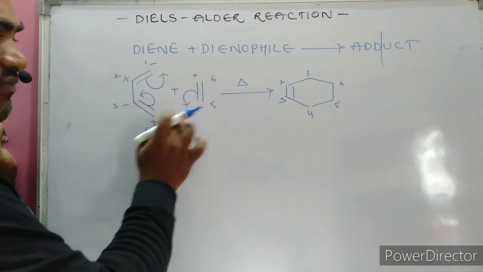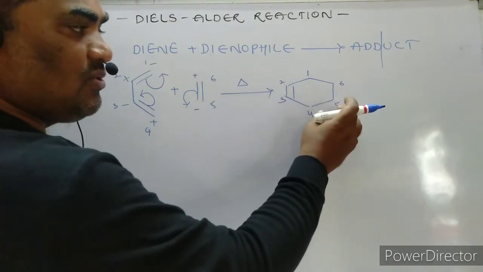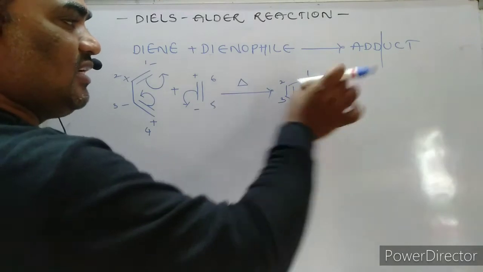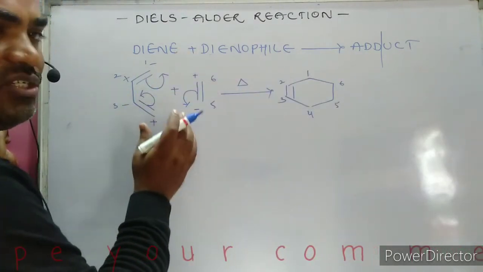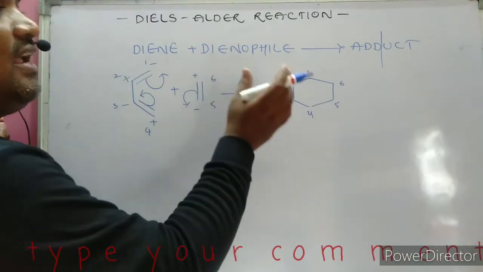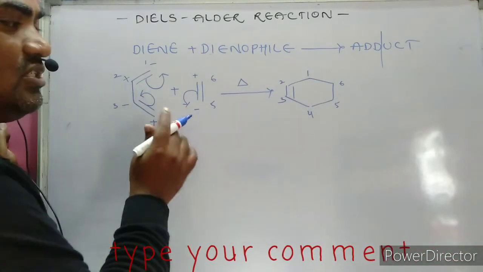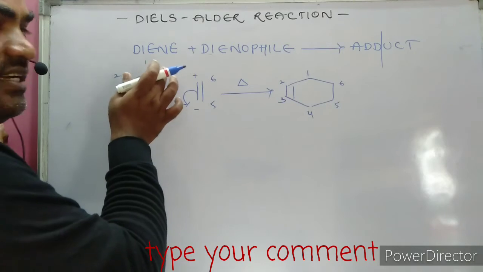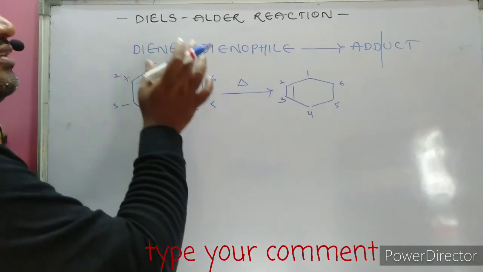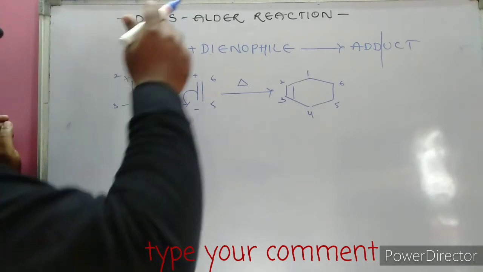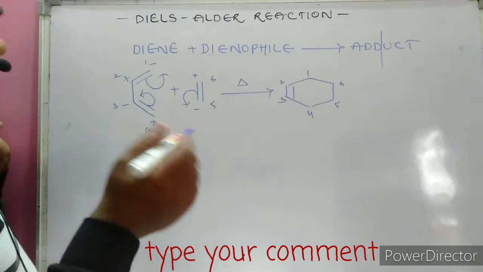Between 5 and 6 there was no bond, and now it is one bond. Double bond becomes single bond, and no bond becomes one bond. By the formation of the cyclic intermediate or transition state, the double bonds are converted into single bonds and single bonds into double bonds. Such a reaction is known as a Diels-Alder reaction.